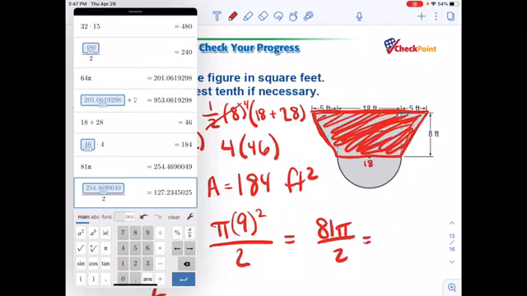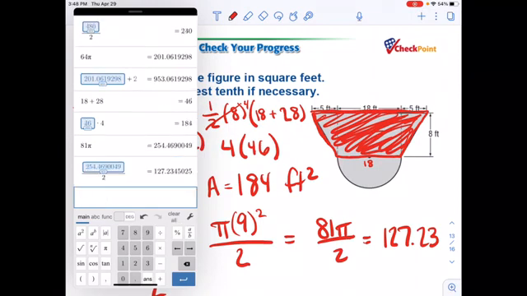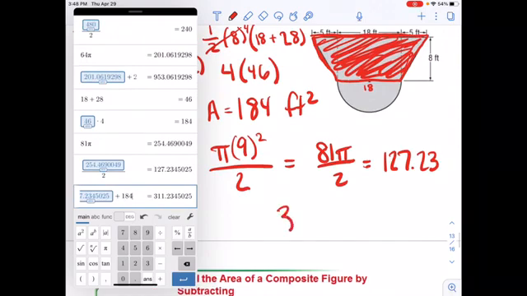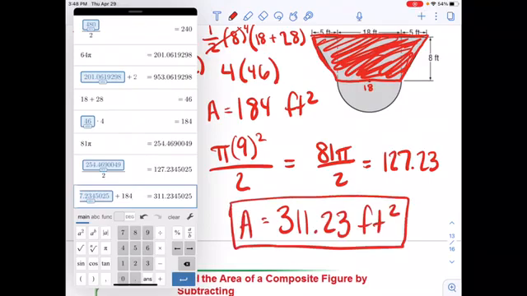So I get that this is 127.23. And then I can add 184 to that, and I get 311.23 square feet for my total area.